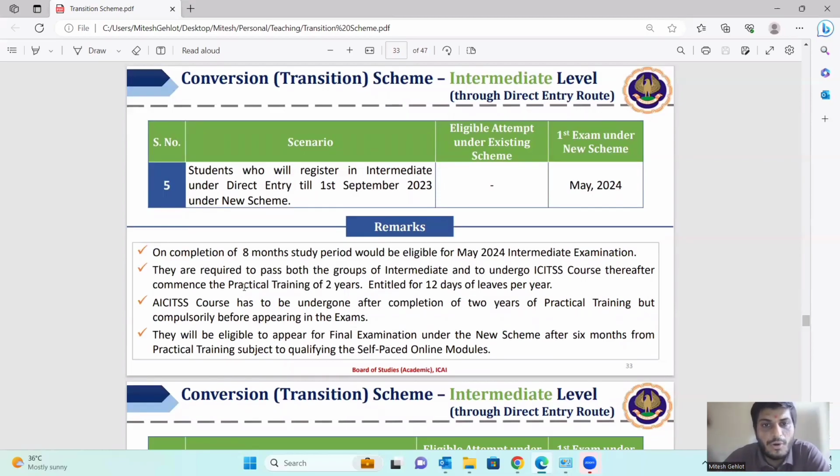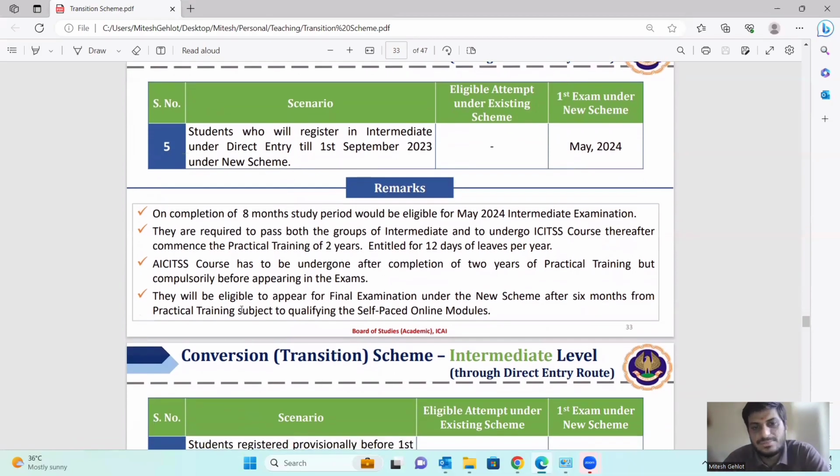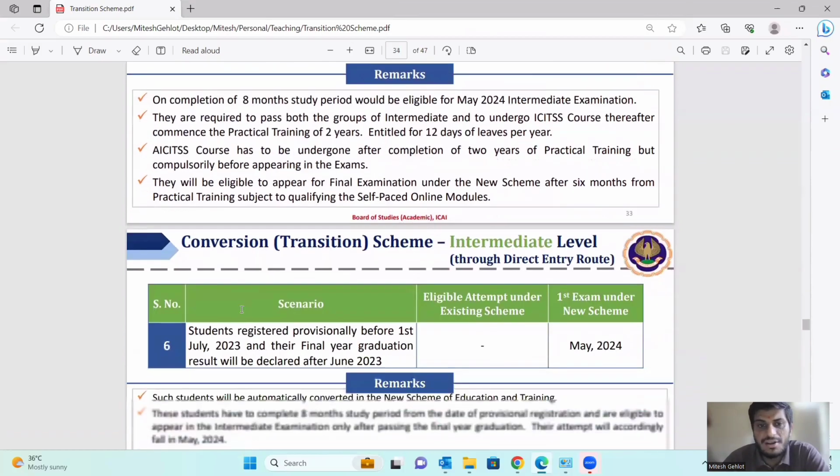So anyone till 1st September will be eligible to write in May 2024. Again, the same thing: you have to clear both the groups of intermediate, and you have to undergo these trainings. Then you can start your articleship or practical training of 2 years. Then the same thing, you will be eligible for the final examination under the new scheme after 6 months from the practical training, again subject to qualifying the self-paced online modules.